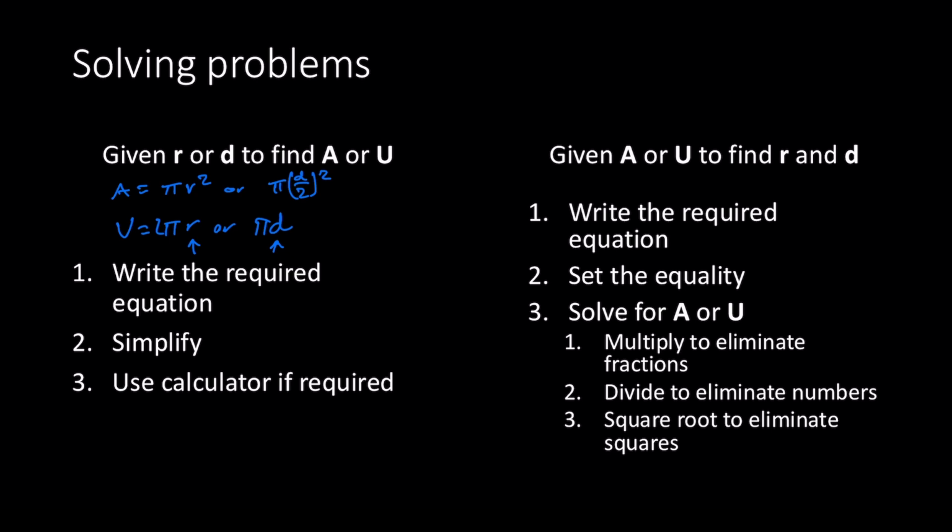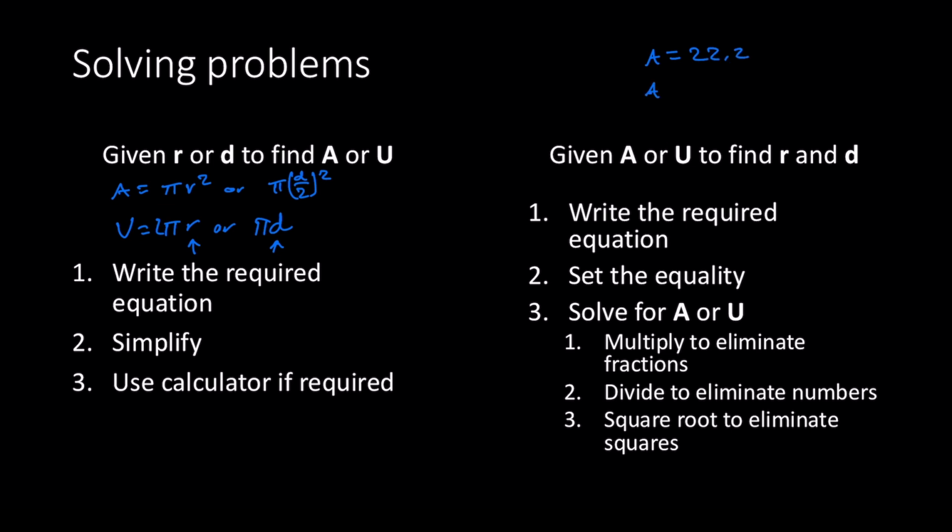If you start out with A or U, and you need to find the radius or the diameter. Well, again, first you start off by writing the equation that you need for either A or U, whichever one you're given, and then you set that equal to whatever value they give you. So let's say that they tell you A equals 22.2 like I did yesterday.